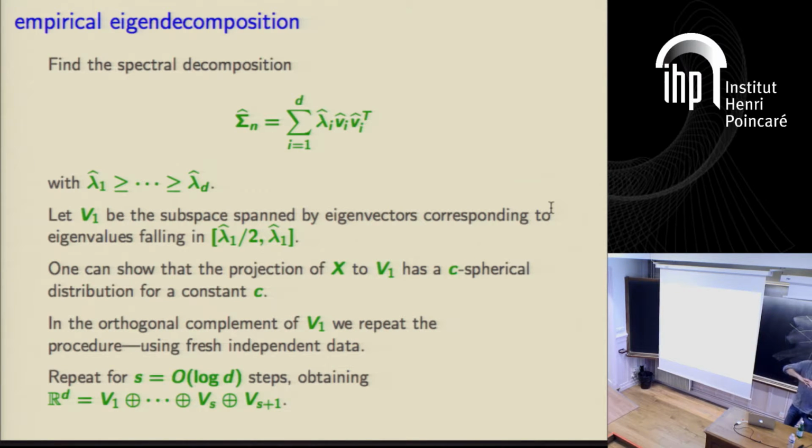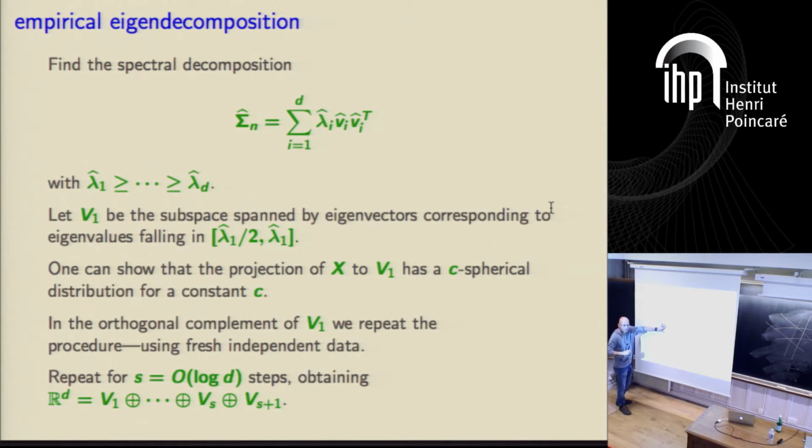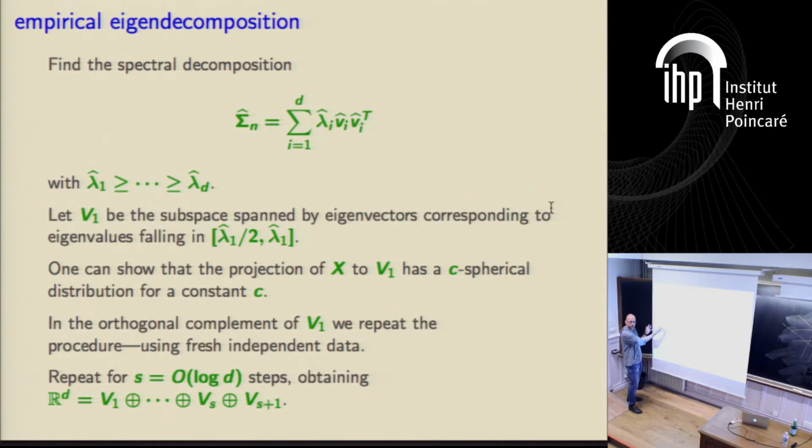At the end, I'm going to split the data into many different chunks. In the first chunk, we do this eigen decomposition, and in the second chunk, we will use our estimator that works for each projected subspace. So this was the first step on a chunk of data. Now I take fresh data, and on that fresh data we project everything to this empirically chosen subspace, and we work in that.